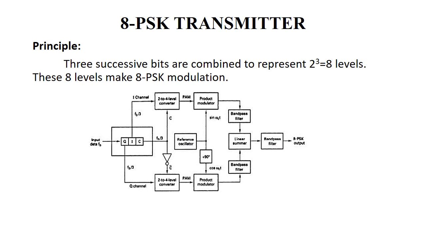That is, the oscillators will generate the carriers for the balanced modulators. So a 90-degree phase shifted carrier is given to the lower modulator to have the quadrature modulation. And finally, it will add the outputs of the balanced modulators to form the 8 PSK output. So the 4 levels of the upper modulator and 4 levels of the lower modulator will form the 8 distinct levels of modulation.